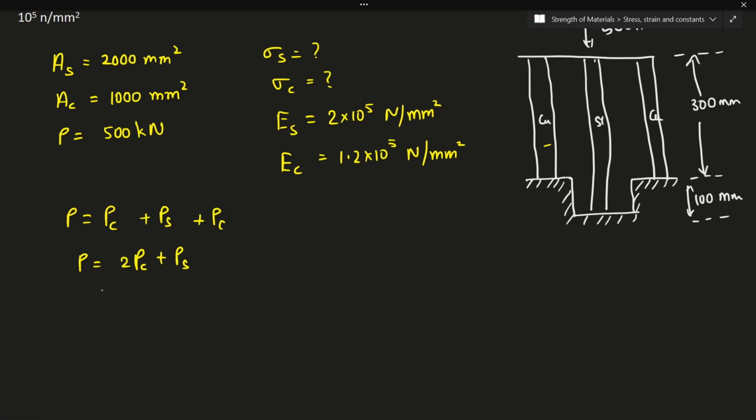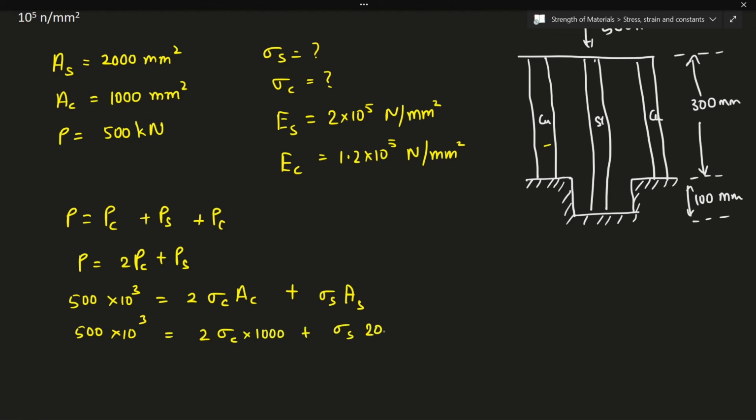So here, if I substitute all the values, P is nothing but 500 into 10 to the power of 3, which will be equal to P. I'll write it in terms of stresses again: 2 into sigma C into AC plus sigma S into AS. Now if I substitute the values again, I'll be having 500 into 10 to the power of 3 is equal to 2 sigma C into 1000 plus sigma S into 2000.